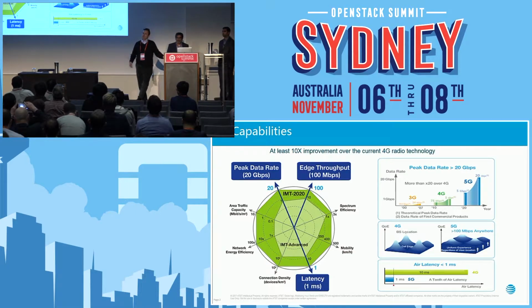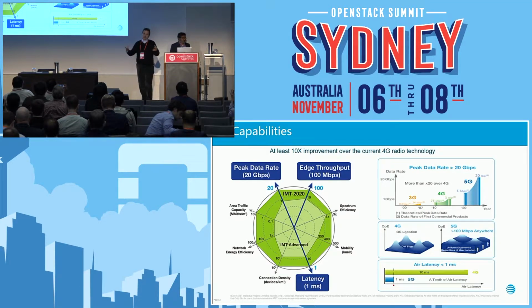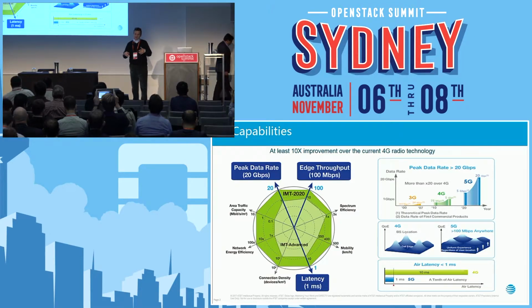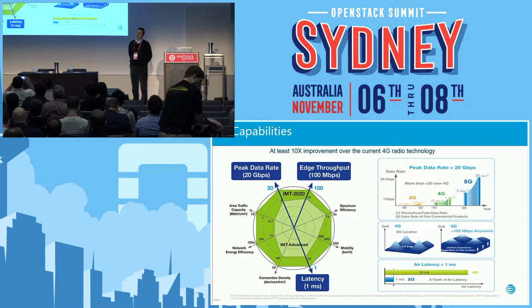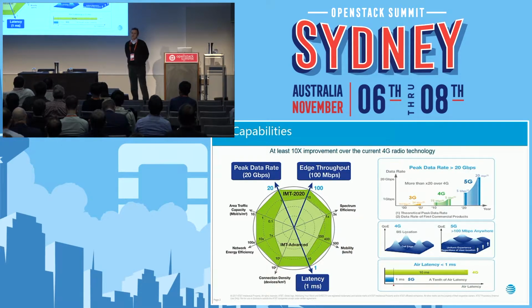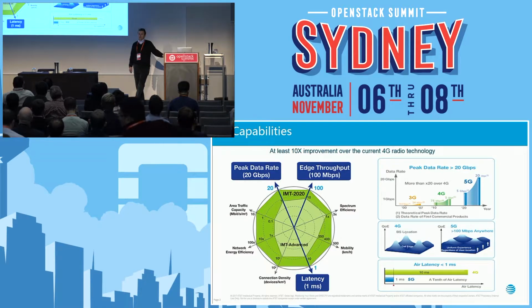So what is 5G? 5G is basically not one more generation of 4G, but more like a new set of capabilities brought by the industry as a result of the developments in SDN, NFV, and distributed compute architecture, or edge computing. So they all come together to bring us this new technology in a very different architectural framework than the previous technologies.